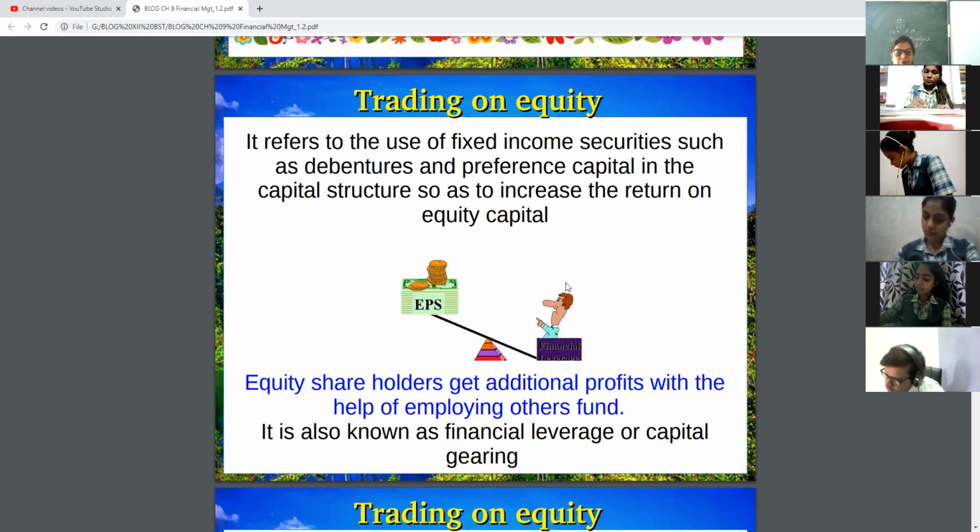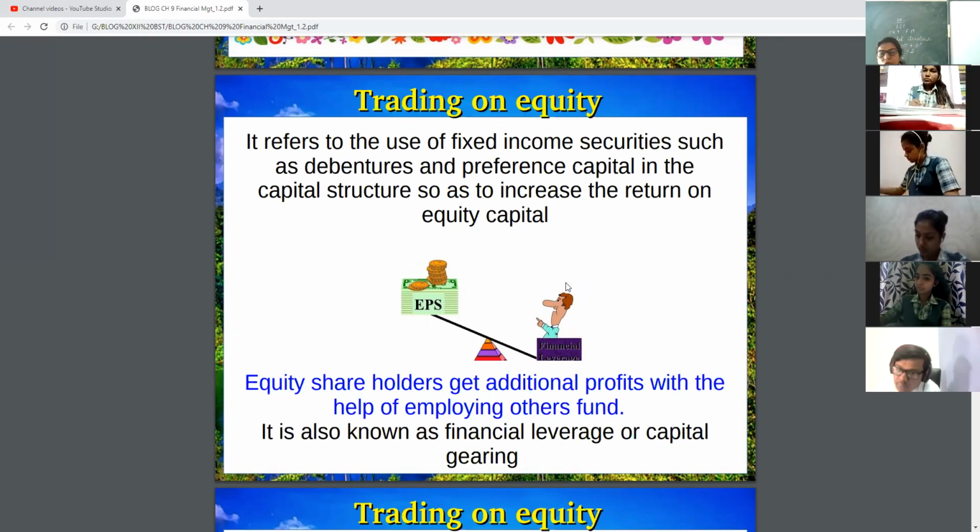Equity shareholders always get additional profits with the help of employing other funds. EPS means earning per share, and it is known as financial leverage or capital gearing.